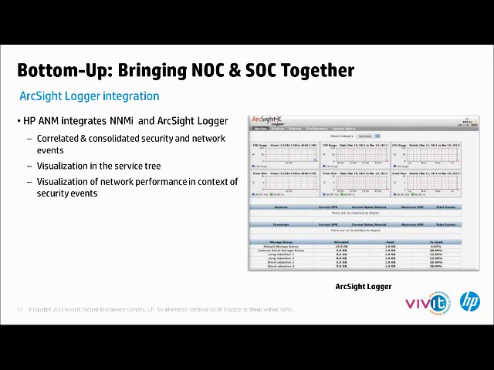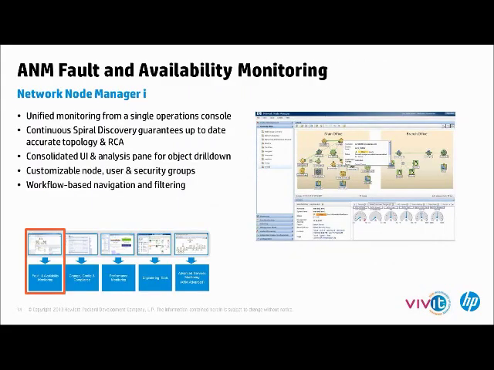So if, for example, Network Node Manager identifies a security threshold, a performance threshold that has been exceeded on a particular interface, a user can utilize this very useful ArcSight information to determine whether or not that was some kind of external attack into the network, and then make a decision whether or not to down that particular interface. So there's a lot of exciting capabilities when you start talking about integrating things like ArcSight Logger with Network Node Manager.